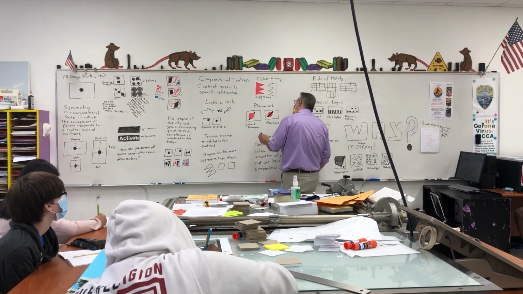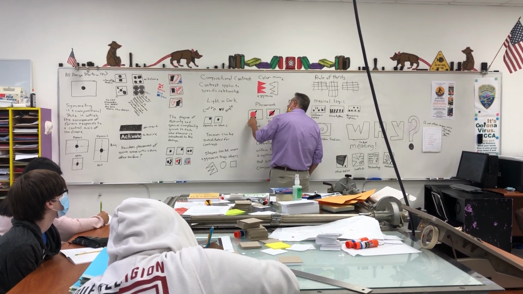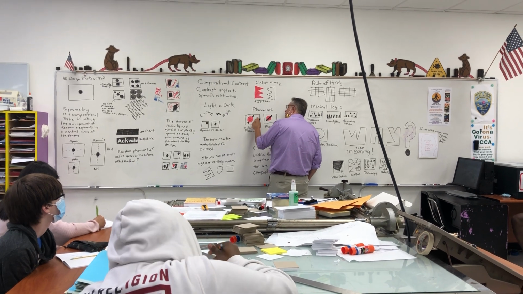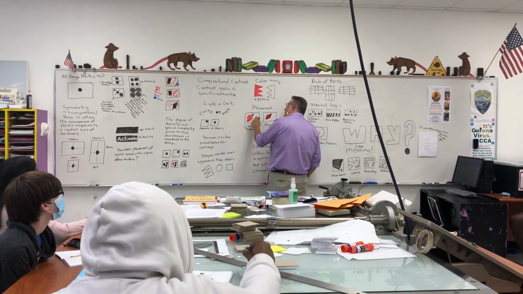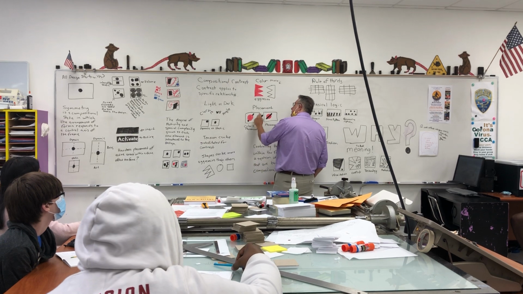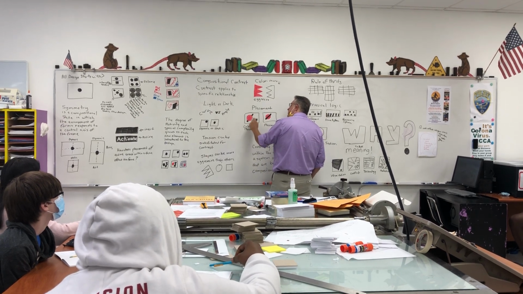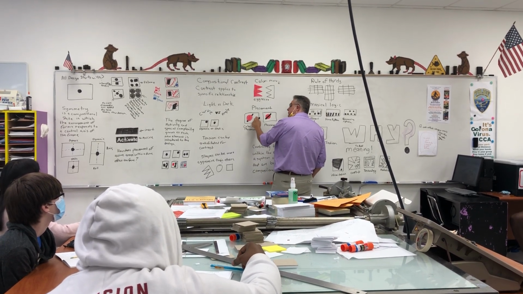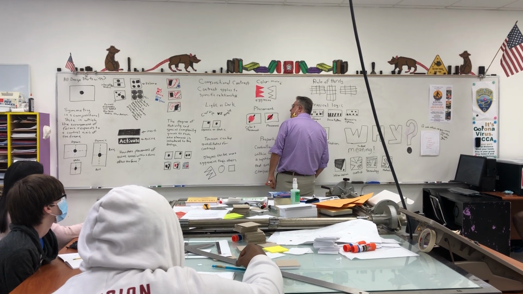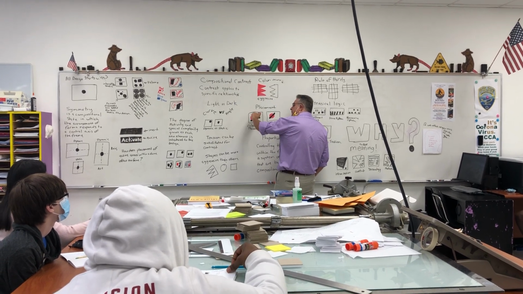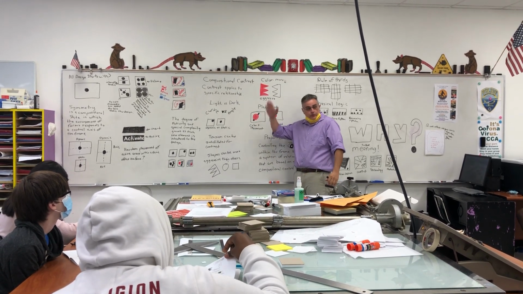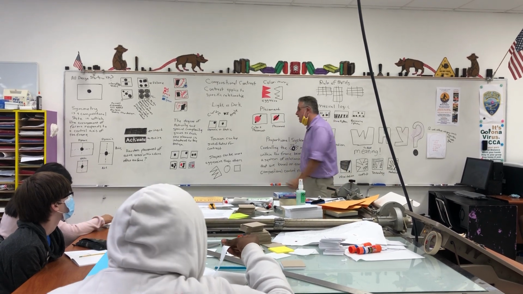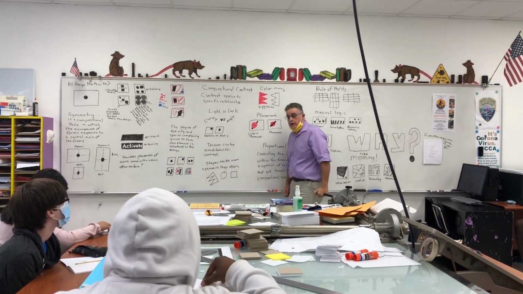Alright, let's look at it this way. What is the background frame? Is it this, this, or this? The white. What's the middle ground? The black bar, because it looks like it's behind the red circle. And then our foreground is red and dominant.